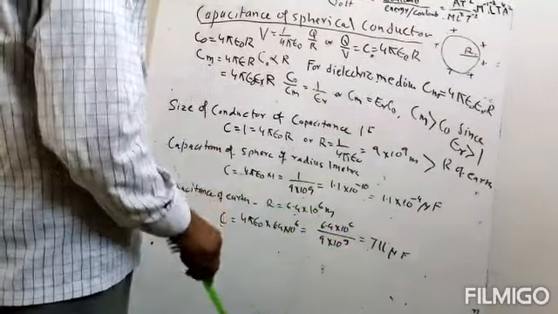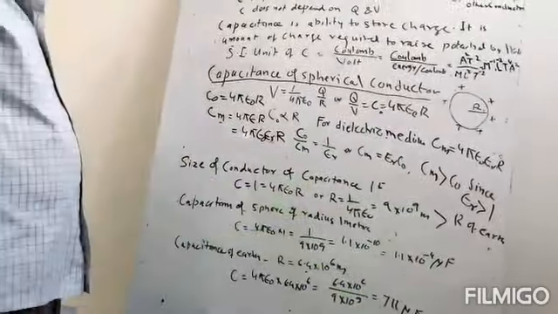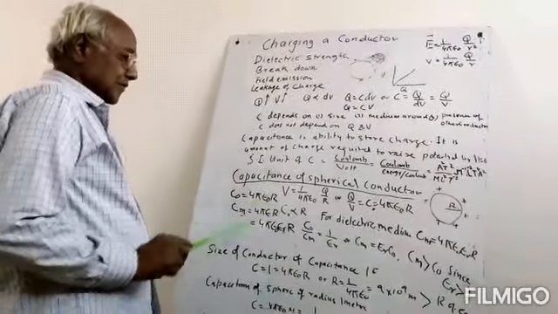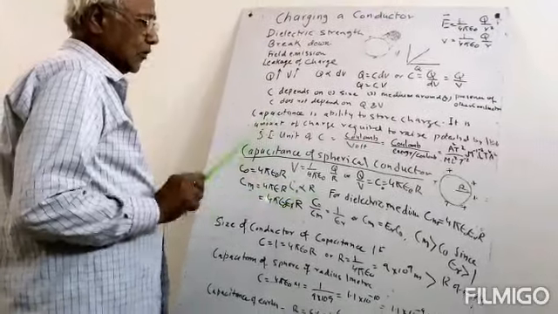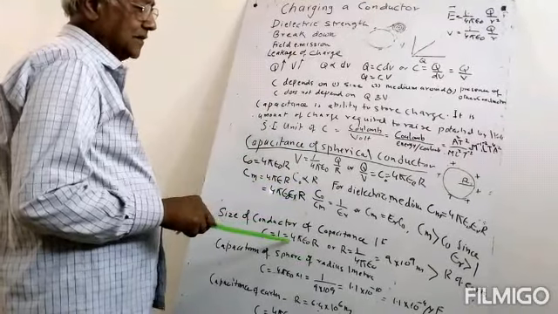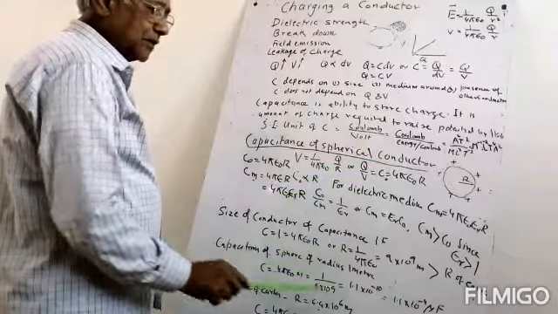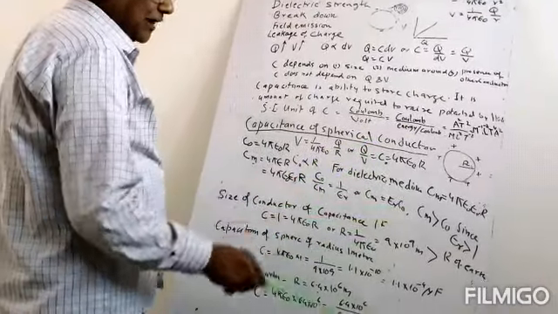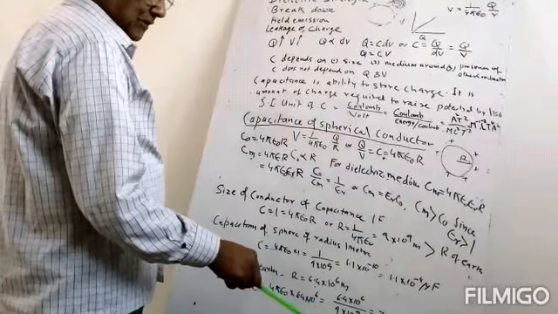So by the different calculations, we can confirm that the capacitance of a spherical conductor is very small and it is not suitable to have a large value of capacitance.